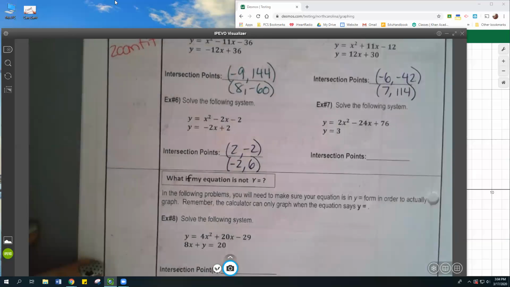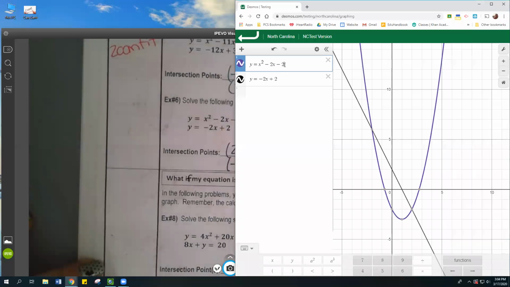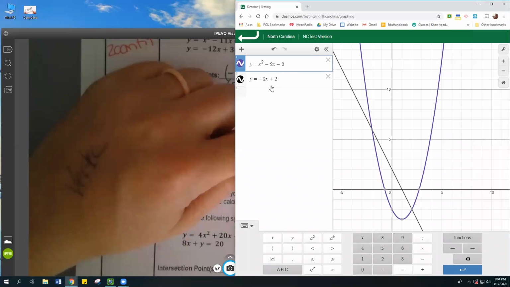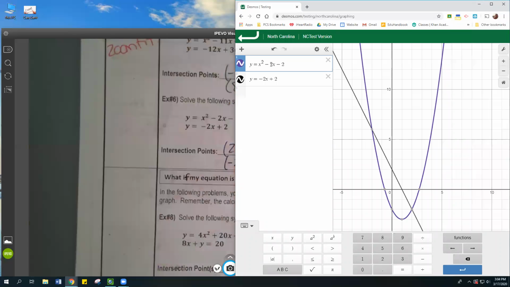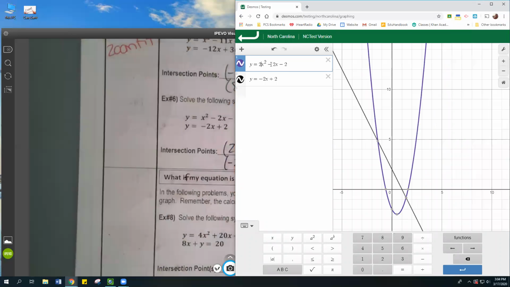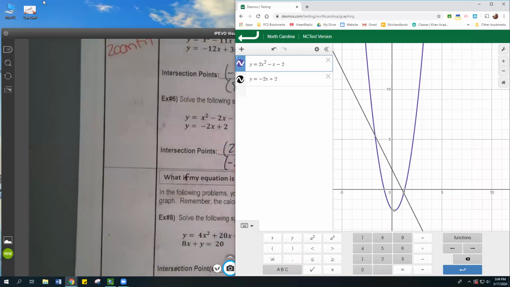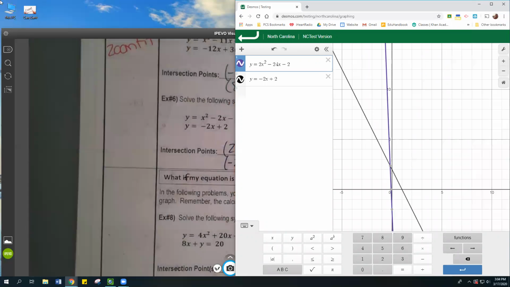Let's see, number 7. Number 7 is going to be a 2x squared minus 24x plus 76.